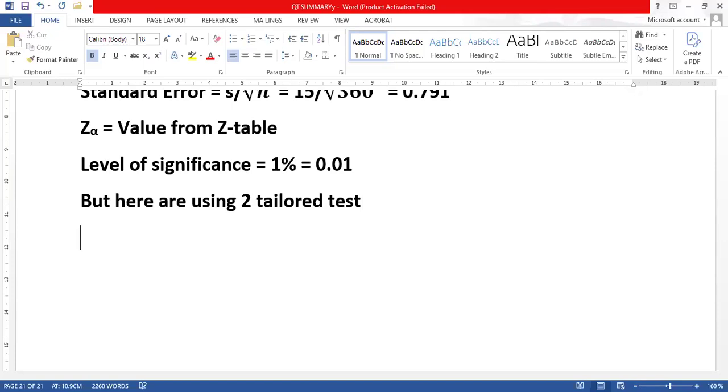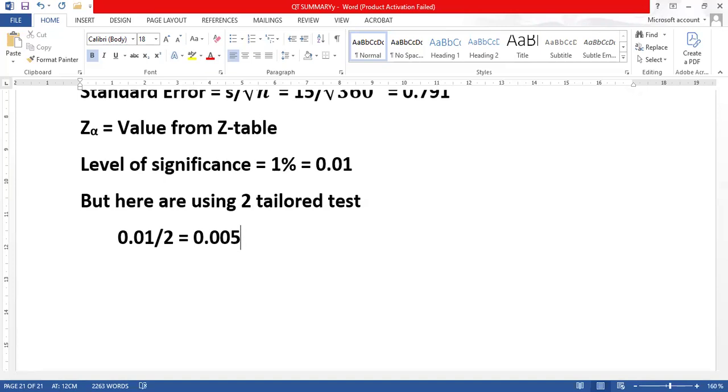And because we are using a two-tailed test, we first need to divide that 0.01 by 2. What do you get? 0.005.